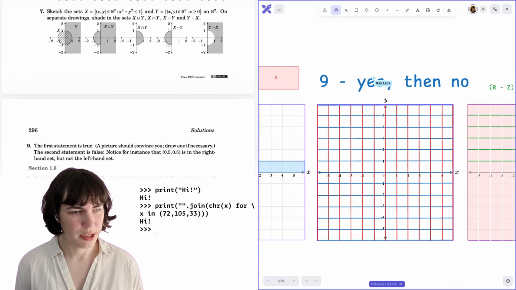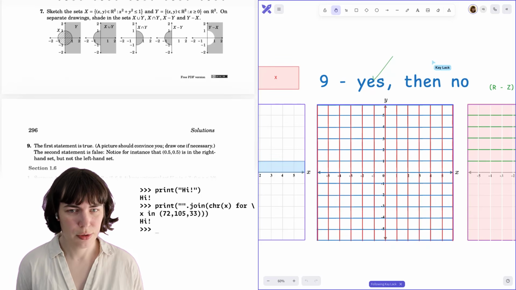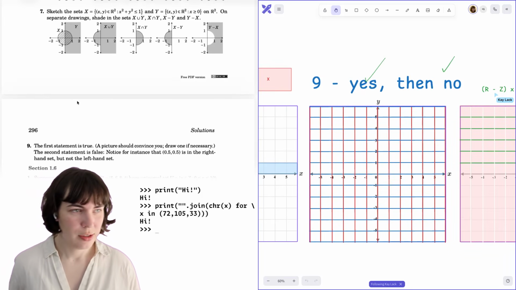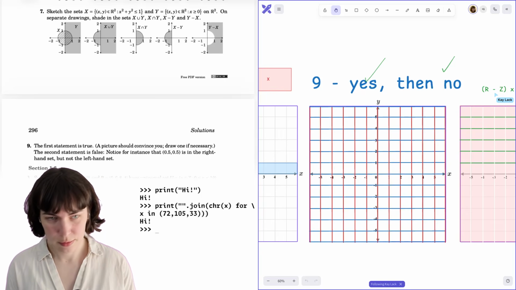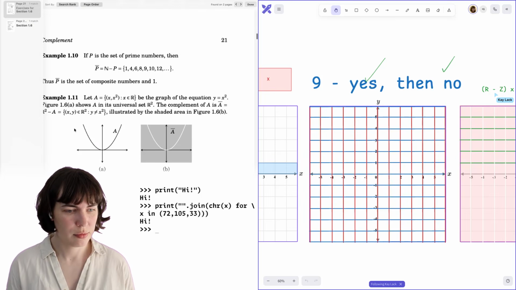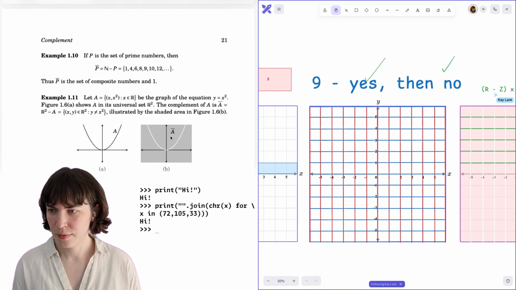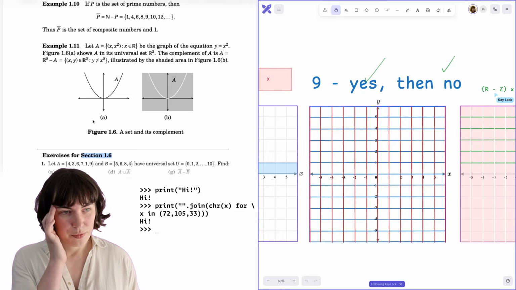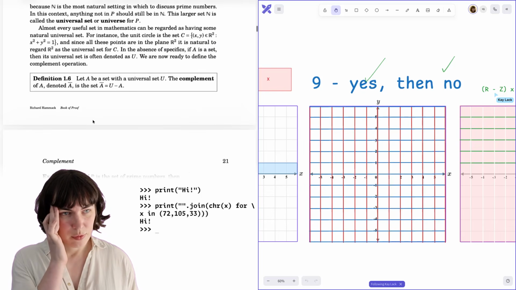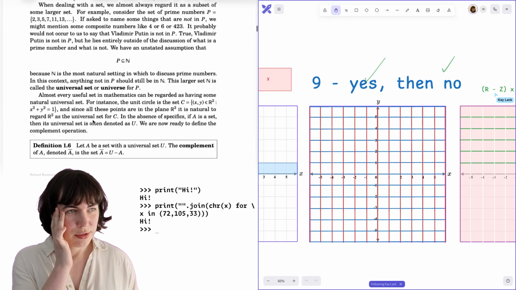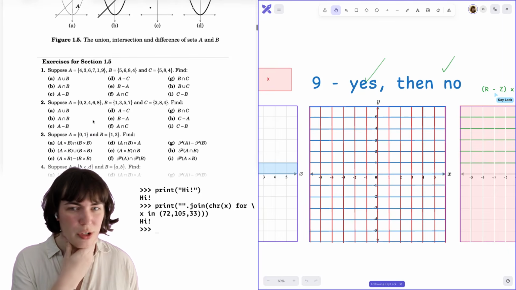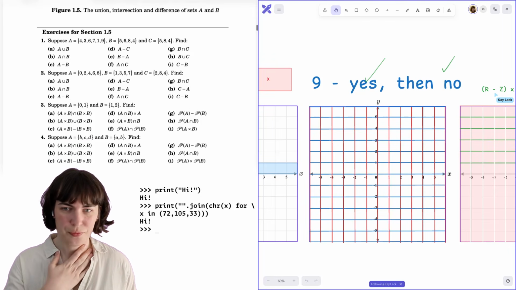And then with 9, I got true and false. Good. Okay. All right. Wait, I just ignored a bunch of this stuff. Oh wait, I'm just looking at the wrong thing. Okay, 1.5 done. Great.